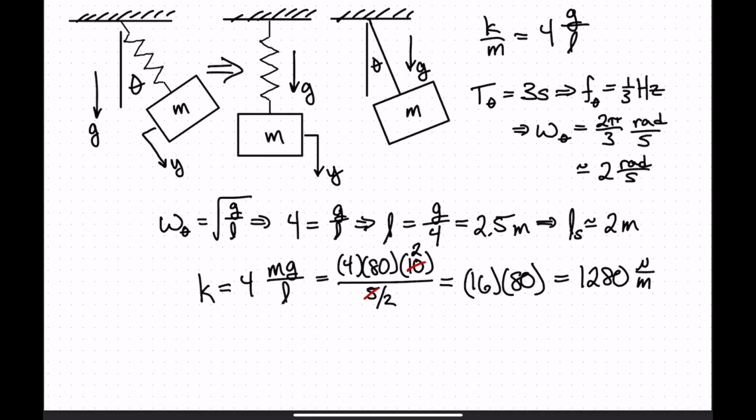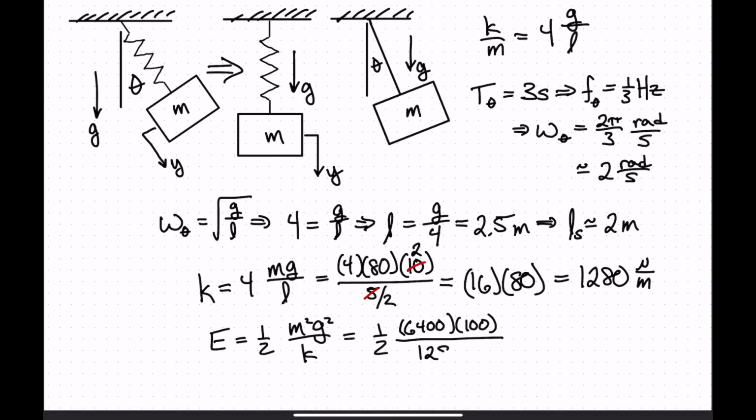So how much energy would be stored if we just hung from this spring statically? So remember that the energy we derived was 1/2 m squared g squared over k. So we wind up with 1/2, and again, if m is 80, that's 6,400, and then g is roughly 10, so g squared is 100, divided by 1,280.